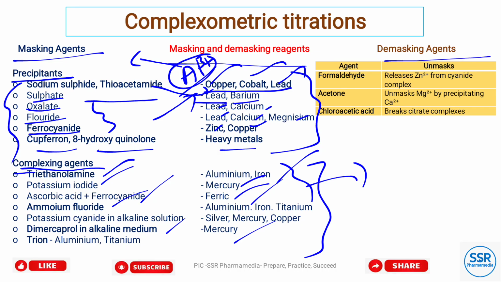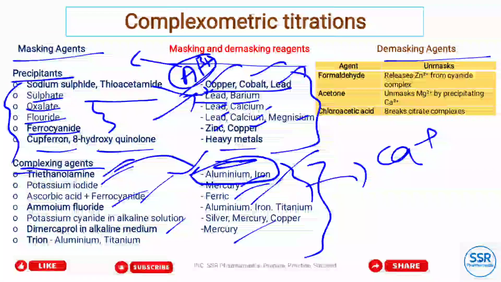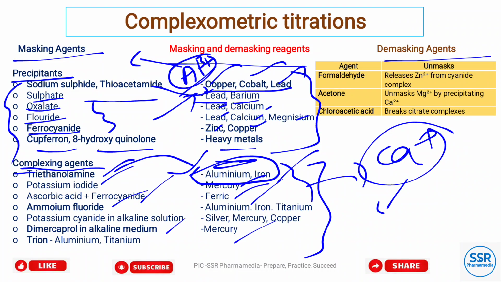And the demasking agent. For example, I told you aluminum and iron, along with any other ion, such as calcium. First we add the masking agent triethanolamine. The aluminum and iron both get masked, then only the calcium will react with EDTA and we get the endpoint.